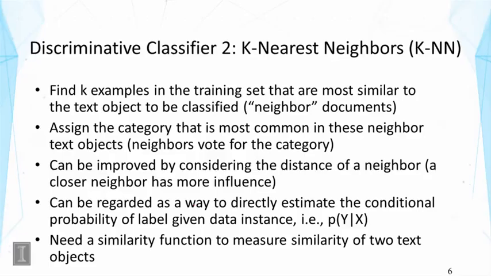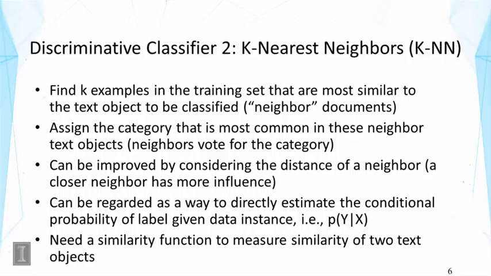So the second classifier is called k-nearest neighbors. In this approach, we're also going to estimate the conditional probability of label given data, but in a very different way. The idea is to keep all the training examples, and then once we see a text object that we want to classify, we're going to find the k examples in the training set that are most similar to this text object. Basically, this is to find the neighbors of this text object in the training data set.